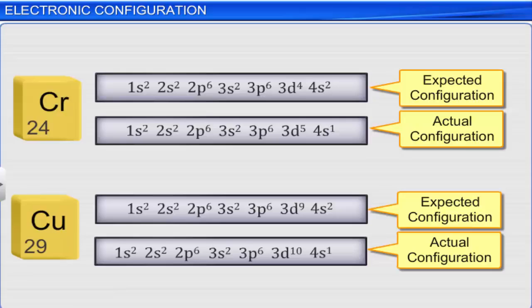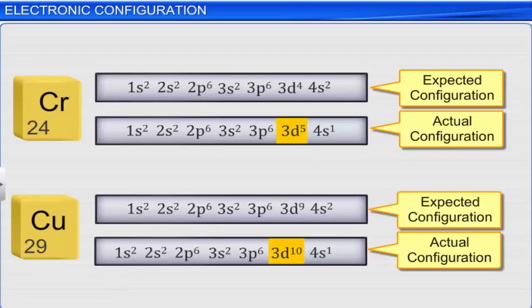This happens in certain elements when two subshells differ slightly in their energies. An electron may shift from a subshell of lower energy to a subshell of higher energy if this shift results in symmetrical distribution of the electrons in the orbitals of the subshell that has higher energy.